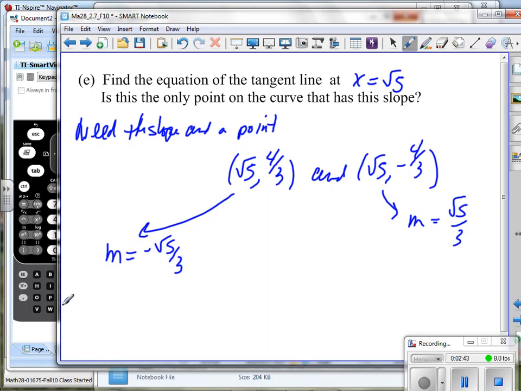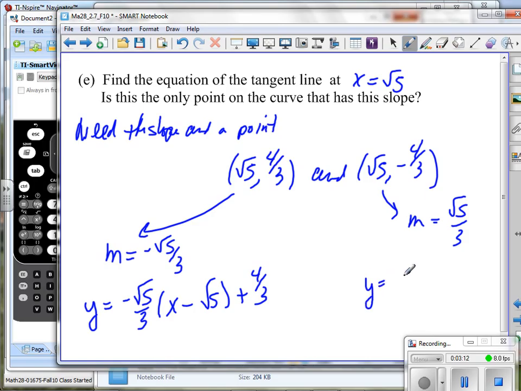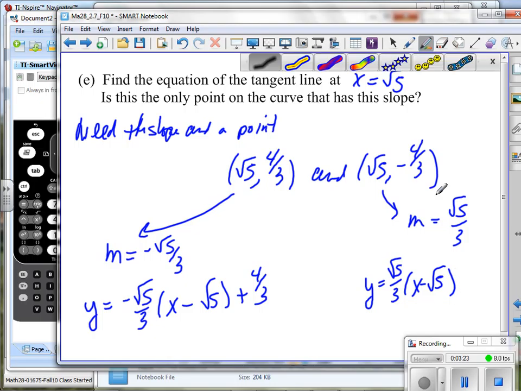So we've got y equals negative square root 5 divided by 3, x minus its value, square root 5, plus 4/3. This one is now going to be y equals square root 5 divided by 3, x minus square root 5, minus 4/3, because it's negative.